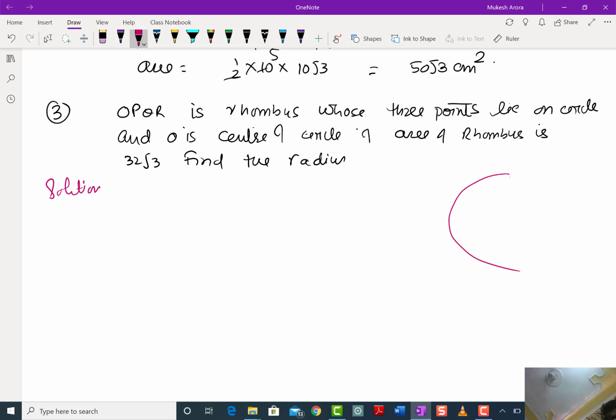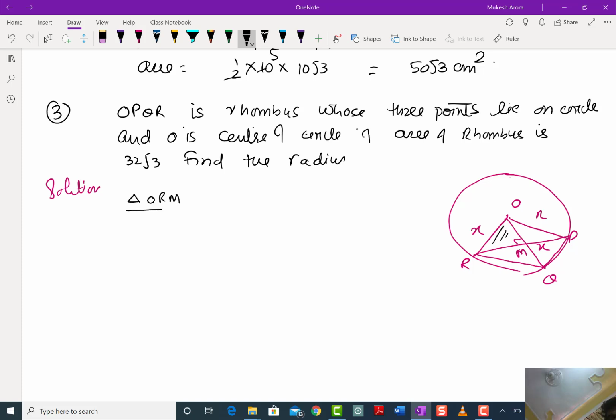So we draw the circle, same O, P, Q, R. Radius we have to find, x. Let's say this also will be x and this is M. Same way, exactly same way we have to do. We'll take triangle ORM. Pythagoras theorem, RO square is equal to RM square plus OM square. RO is x square, RM is RM only.